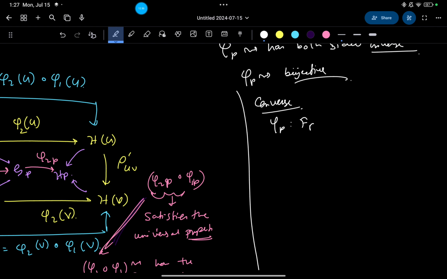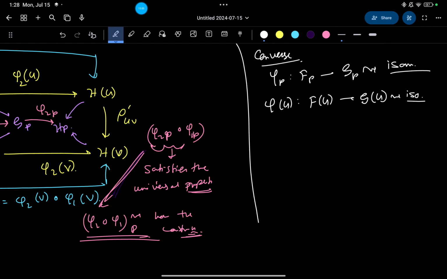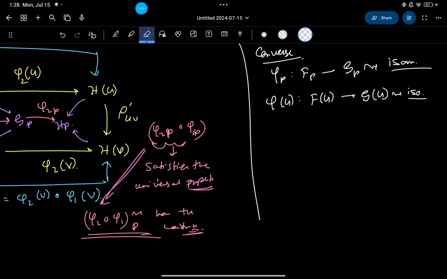Suppose phi p from fp to gp is an isomorphism. Then we will show that phi u from fu to gu is an isomorphism.